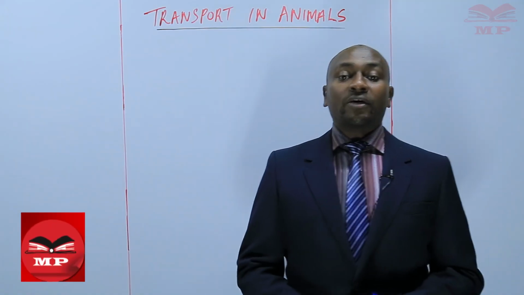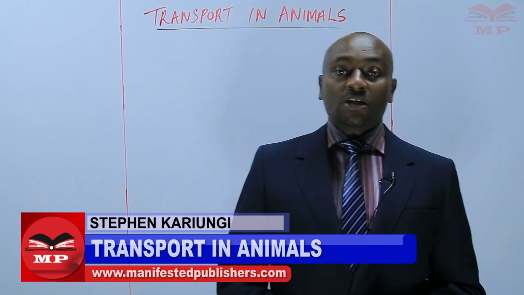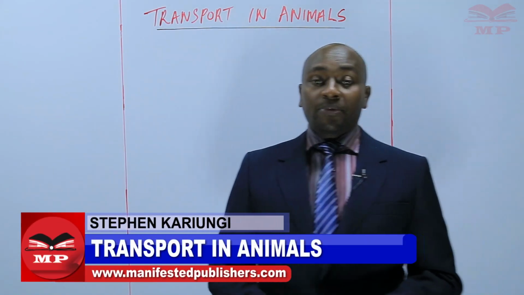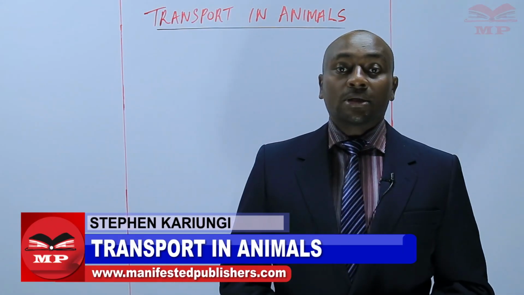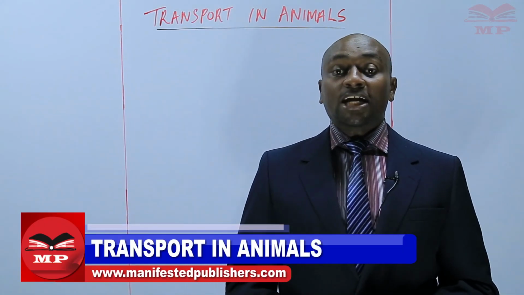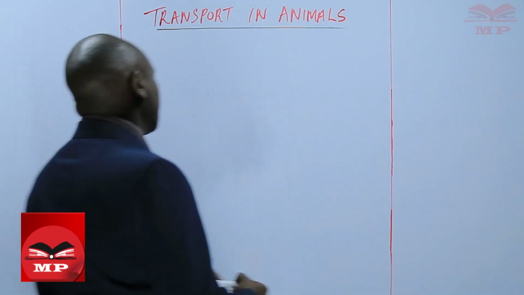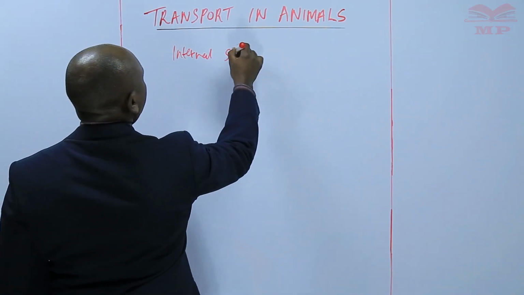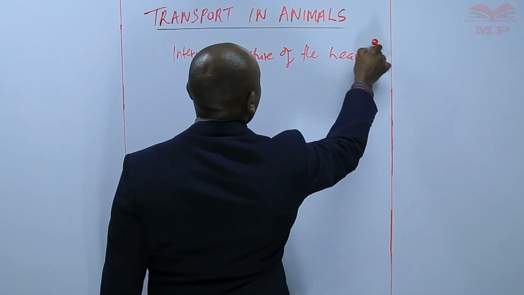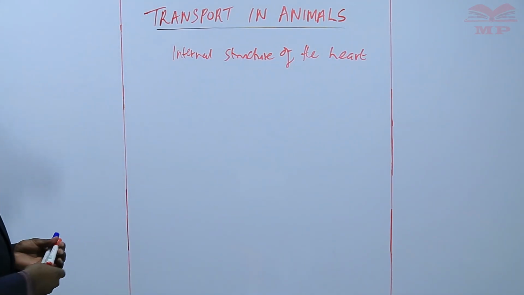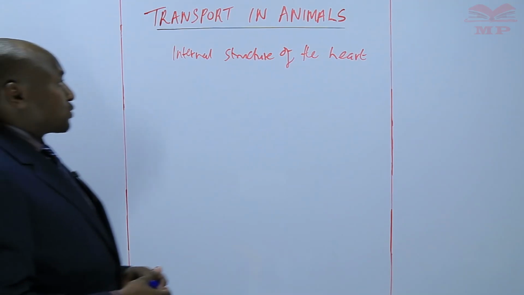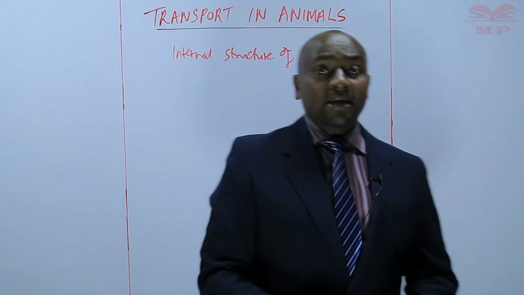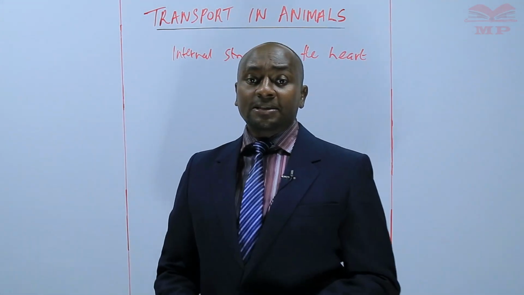We continue with our discussion on the structure of the heart. Today, I want us to discuss the internal structure of the heart, specifically the mammalian heart.